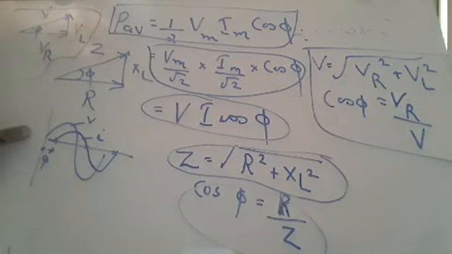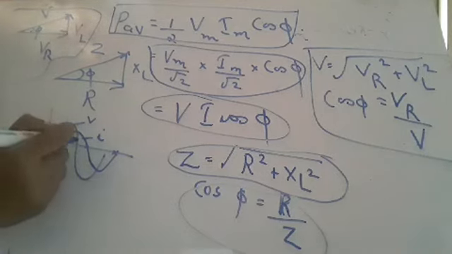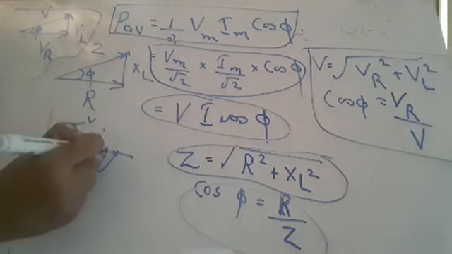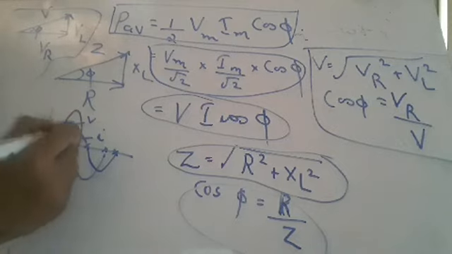Now we can draw the power curve. If we extend this current curve, we can get the power curve here in this section. I am dividing it into different sections. Over the second section, the power will be upwards.